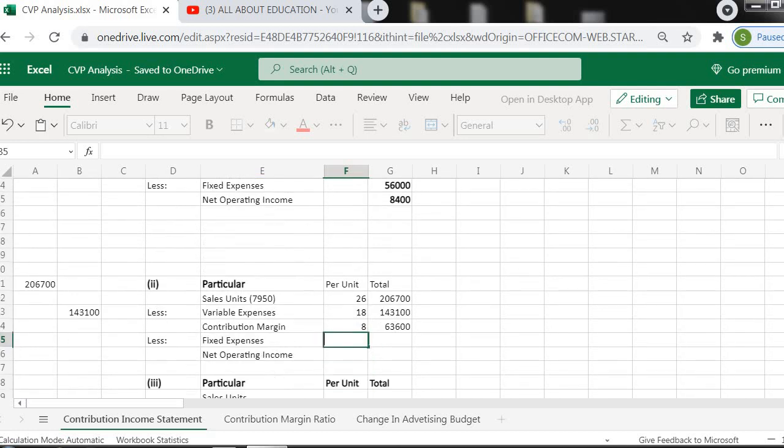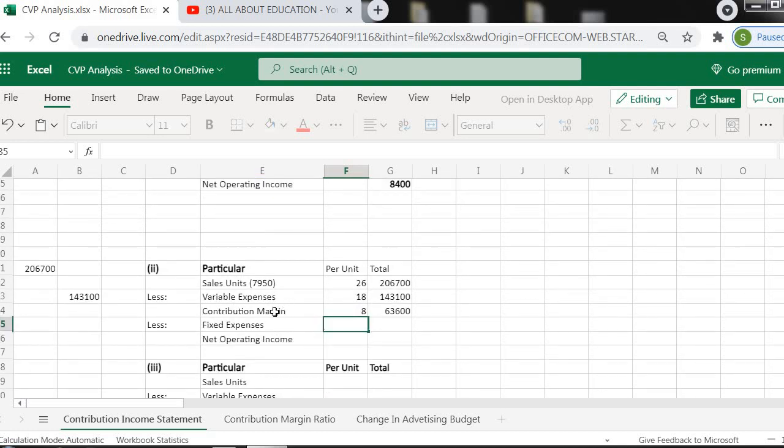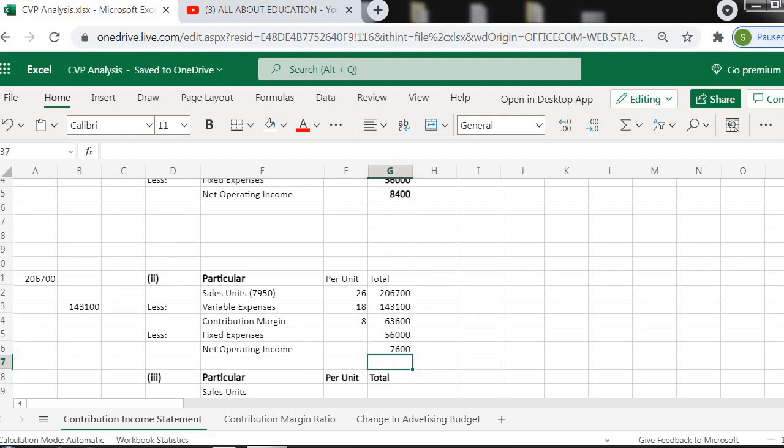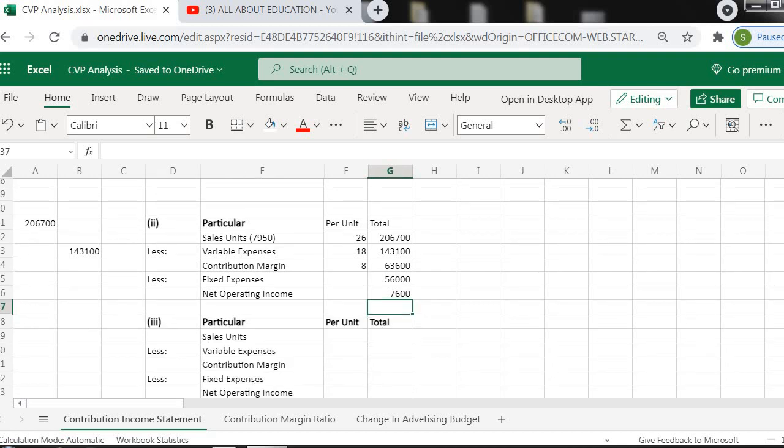We have to deduct these fixed expenses from contribution margin. 56,000, right? Now we have to deduct this amount. So what we get? 7,600, right? So we have completed our requirement number 2 as well.